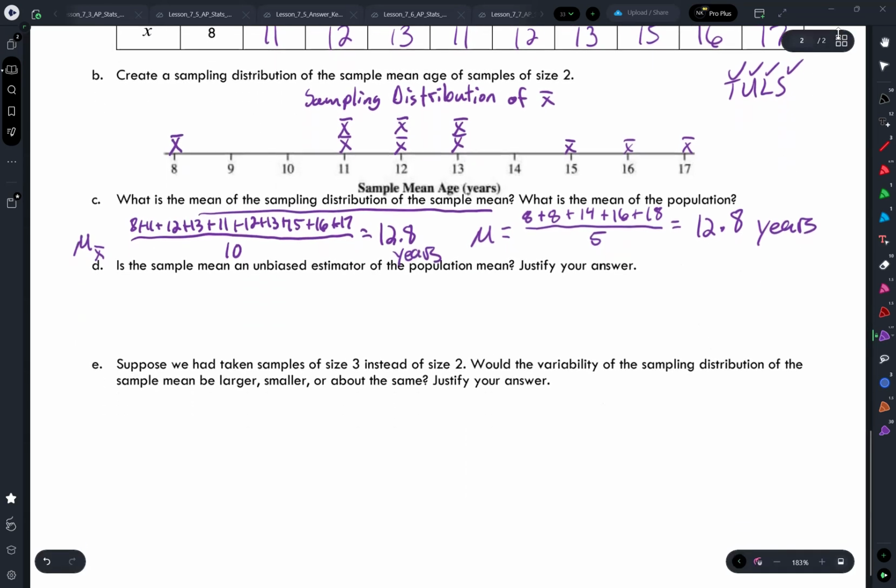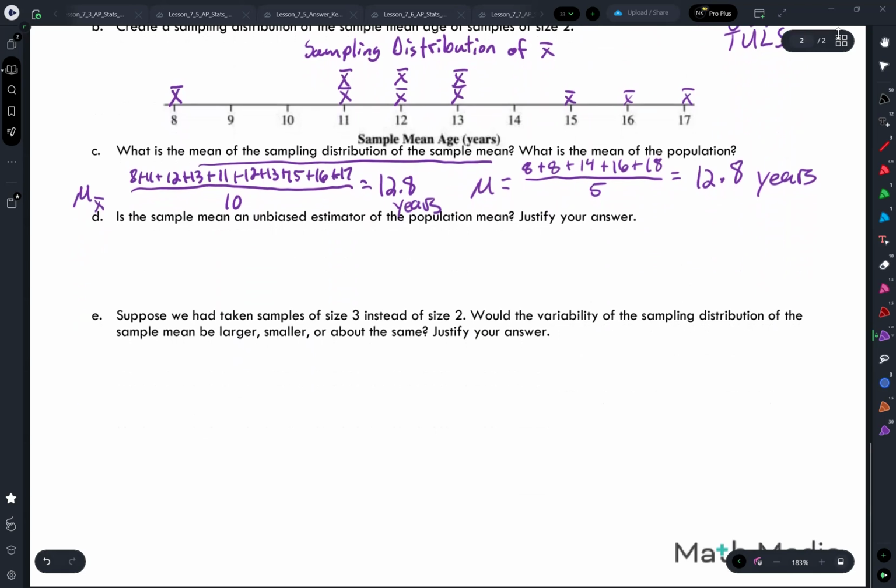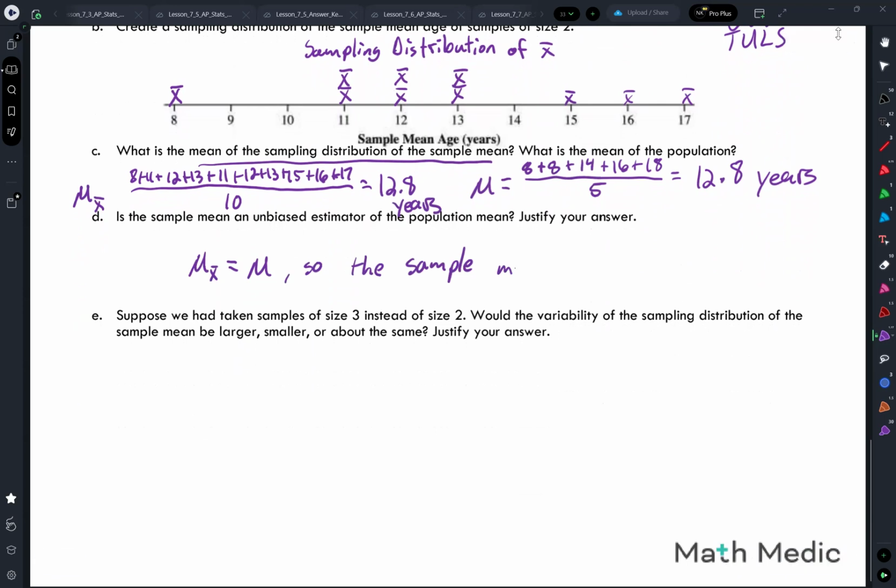Is the sample mean an unbiased estimator of the population mean? Well, mu sub x bar does in fact equal mu, so the sample mean is unbiased while estimating mu.